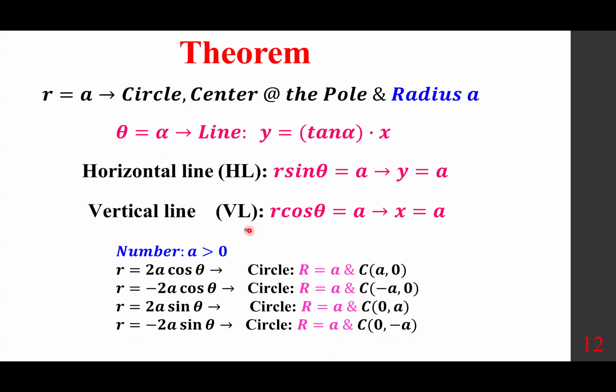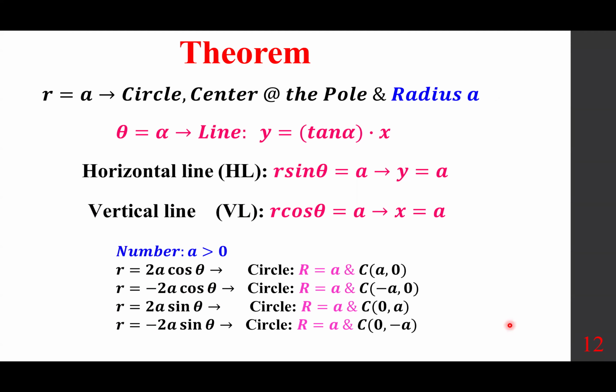And now if a is positive, r equals 2a cosine theta is a circle. All of this, if we have some number times cosine or sine, doesn't matter. That results in a circle. But what type of circle? If it involves cosine, then the center is along the x-axis. If it involves sine, the center is along the y-axis.